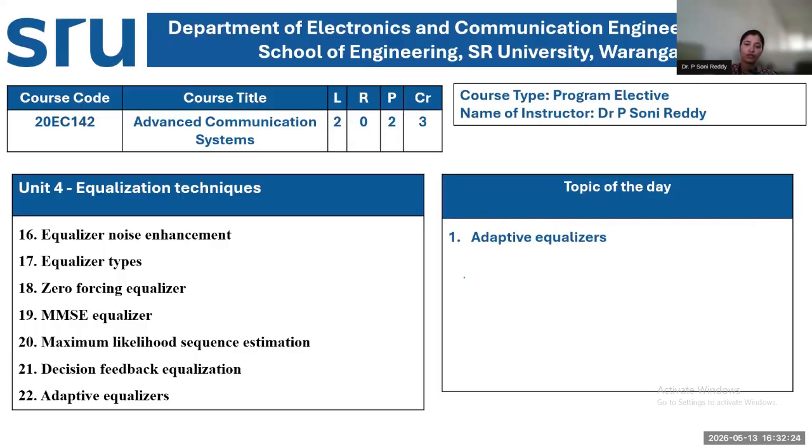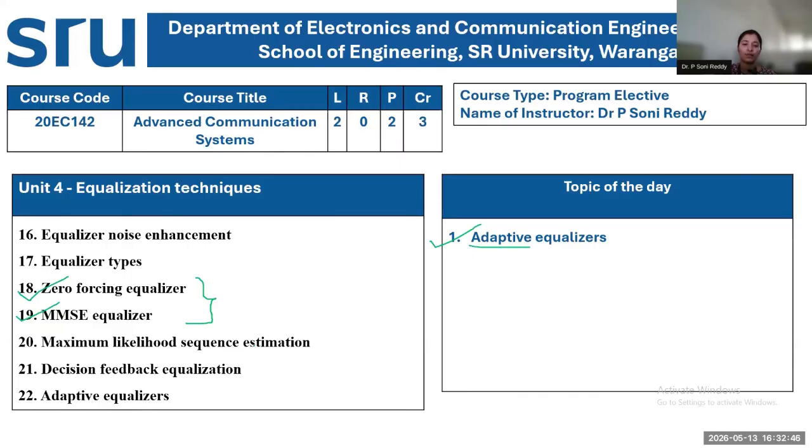Next, in the upcoming class, we are going to discuss adaptive equalizers, which are also a part of the linear equalizer. Till now we have studied the zero forcing equalizer and the MMSE equalizer, which are part of the linear equalizer. Both of these are not adaptive equalizers.